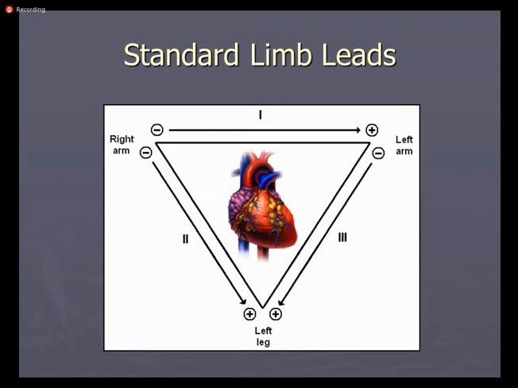Lead 3: current is flowing from the left arm to the left leg. The left arm is a negative electrode and the left leg is a positive electrode. So this is called the limb lead.